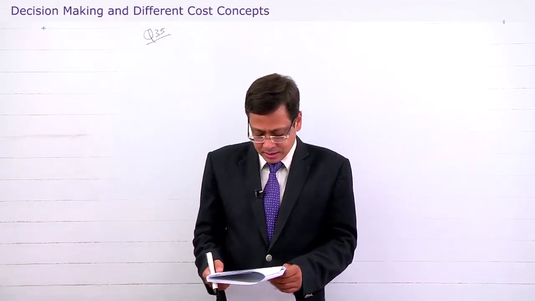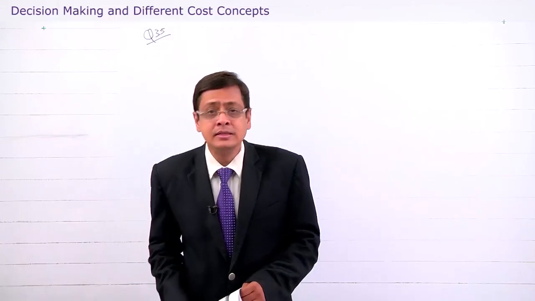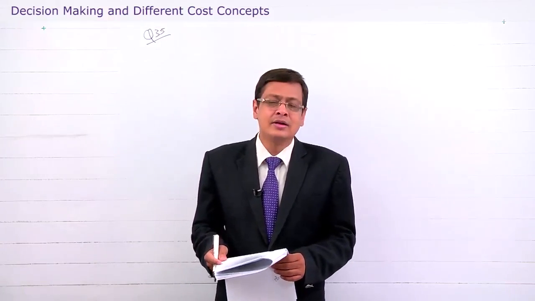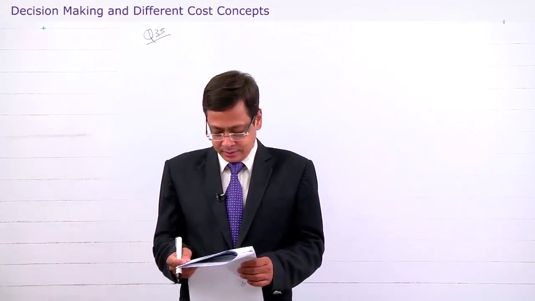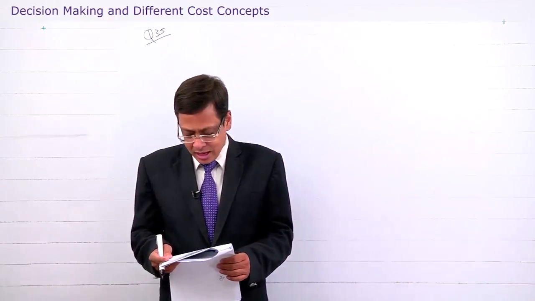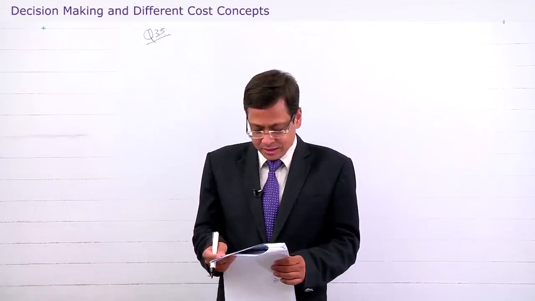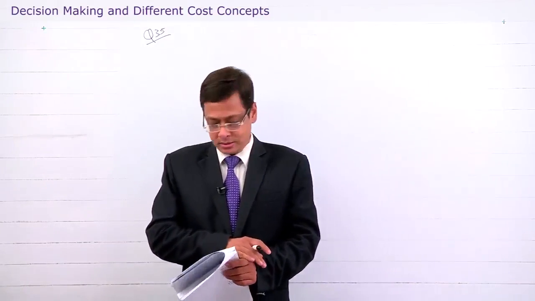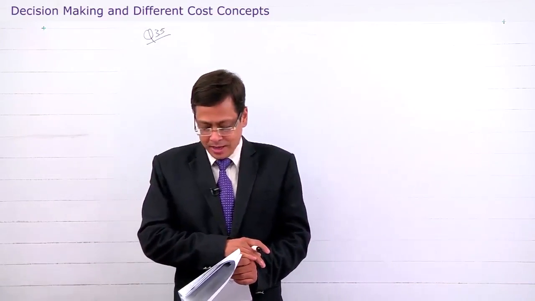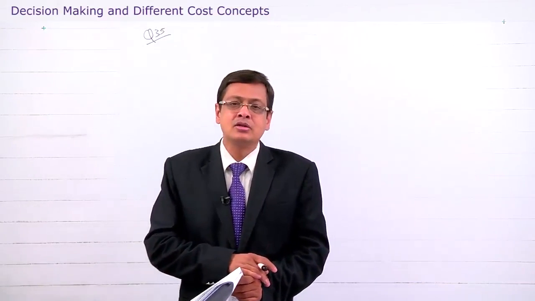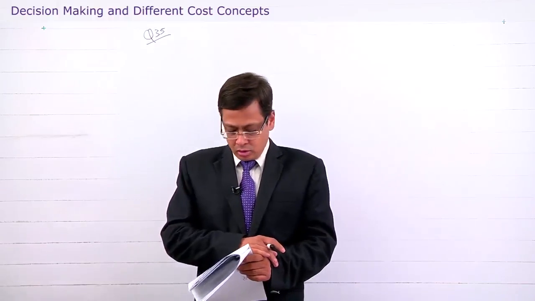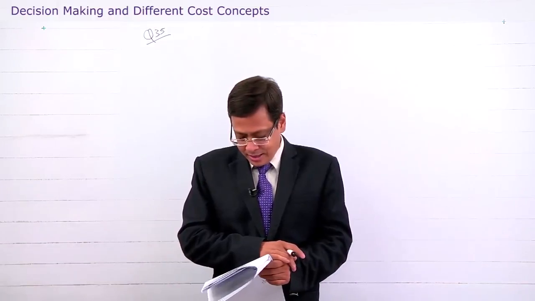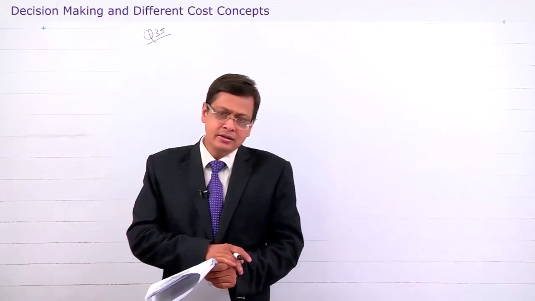The average occupancy in both types of rooms is expected to be 85% throughout a year of 365 days. In fixing the room rent, the company desires to maintain a margin of safety of 20%. The hotel has to pay a tax of 20% on total tariff. So, you are required, number 1, to calculate the tariff per day per single room and double room.